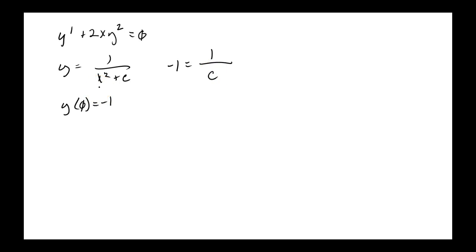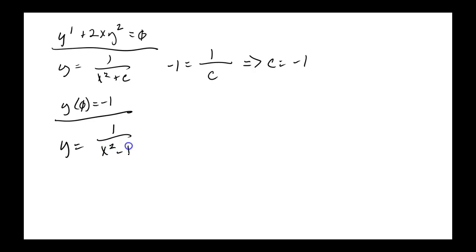Because you put a 0 in for x, 0 squared is 0. So this produces c equal to minus 1, and then your solution for this differential equation with that initial condition is y is equal to 1 over x squared minus 1, because you plugged in c of minus 1.